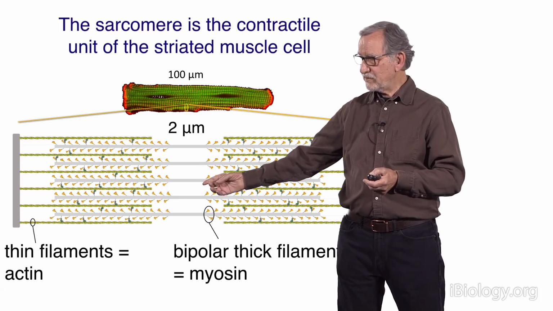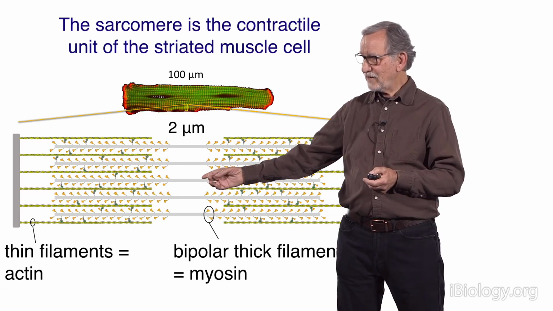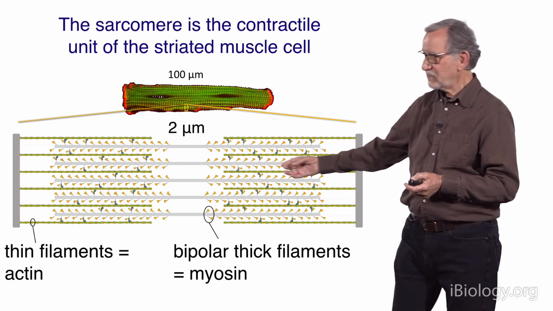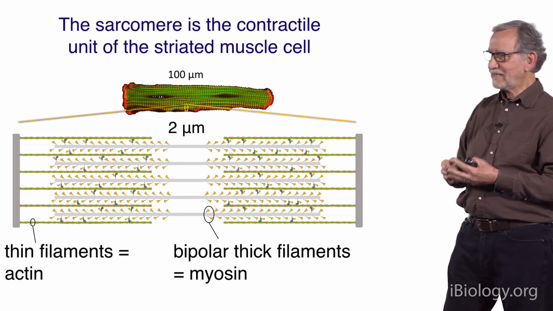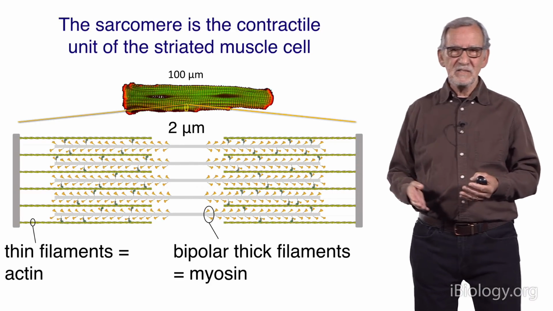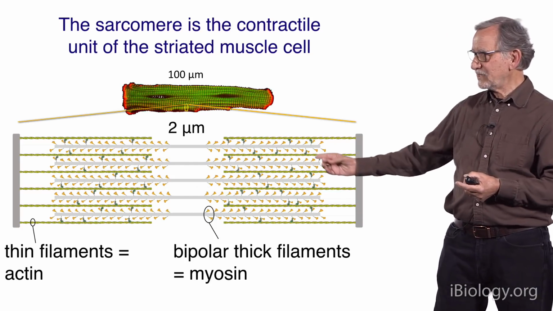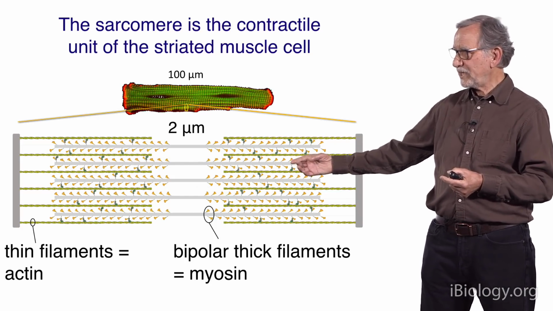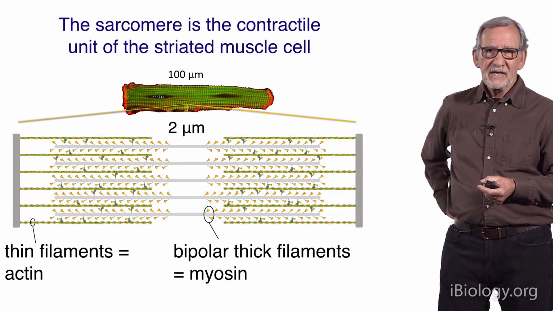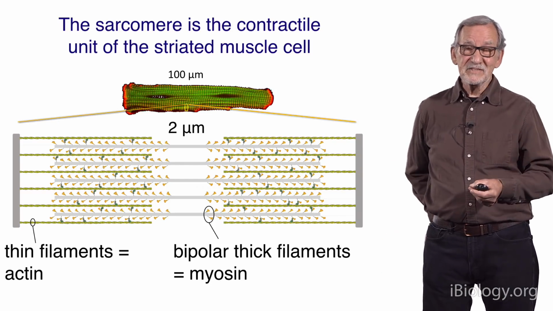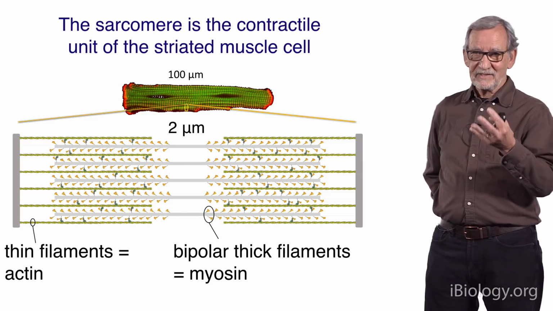Blown up here, you can see that you have something which is called a sarcomere. And this sarcomere is a set of overlapping thin and thick filaments. So now we're looking at something that's just a couple microns from one end of the sarcomere to the other, which is about the size of a bacterium, so it's still not tiny.